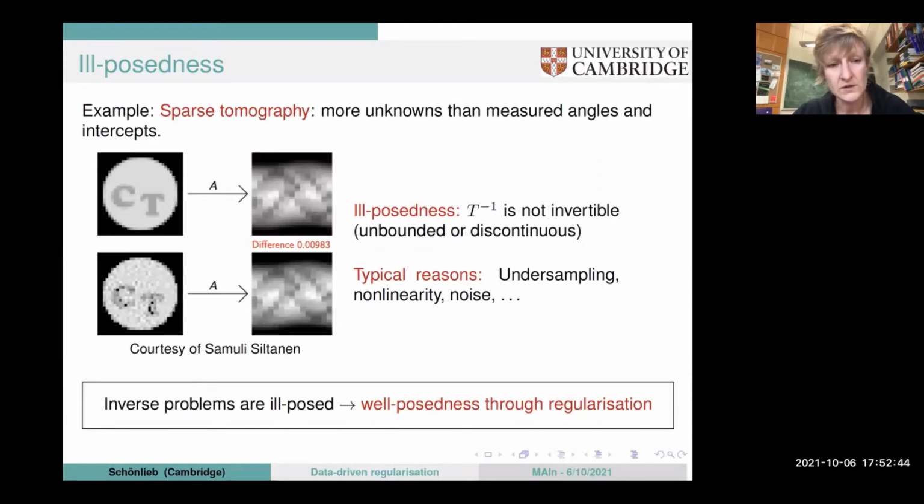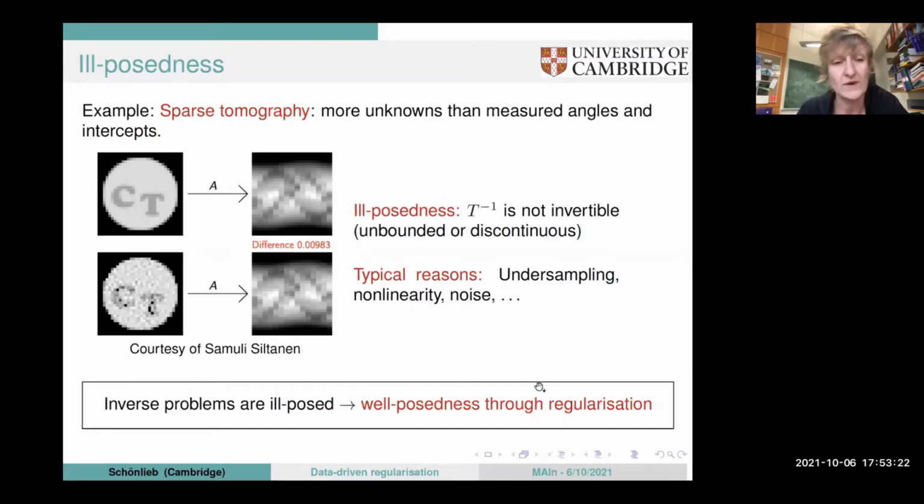A typical symptom of this ill-posedness is that one and the same measurement can be explained by two very different looking images. This is really where you are losing the continuity, and this is where regularization comes in, to choose the right one of these two explanations for the same data, or almost the same data. Yeah?